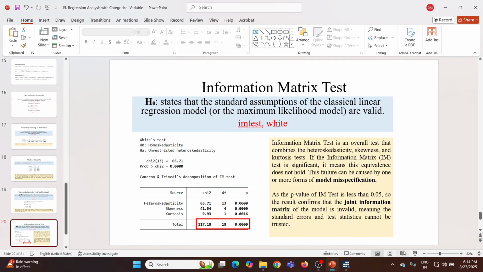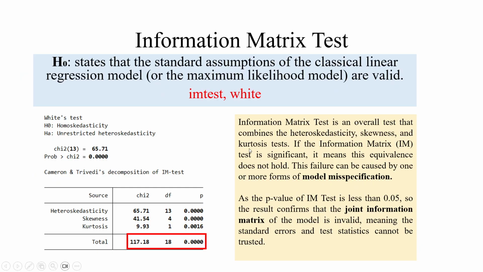Let's do the interpretation. The information matrix test is an overall test that combines the heteroscedasticity, skewness, and kurtosis tests. If the information matrix test is significant, it means that this equivalence does not hold. This failure can be caused by one or more forms of model misspecification.